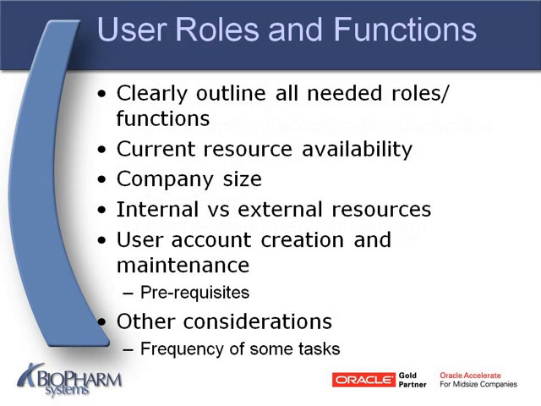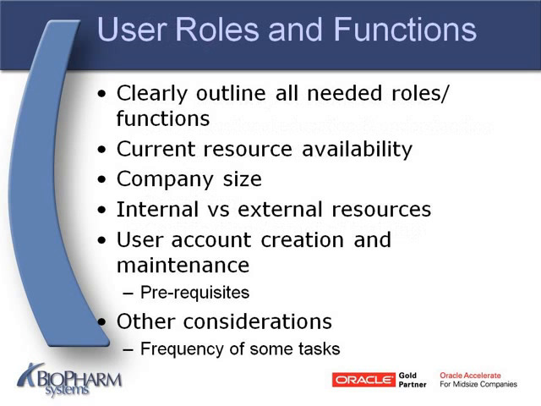So make sure that you're compliant with whatever your company's requirements are in that regard. Now moving on to user roles and functions. People oftentimes think of the user roles or the functional roles as the job title. It goes way beyond the job title in OC. There's dozens of functional roles that are necessary for OC and RDC.